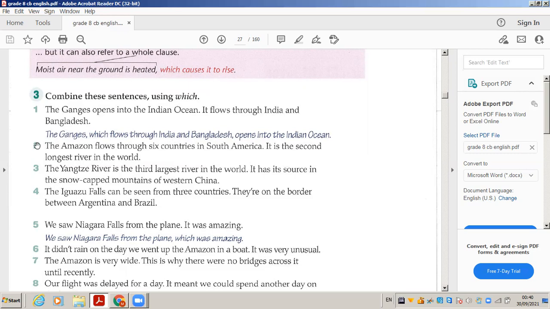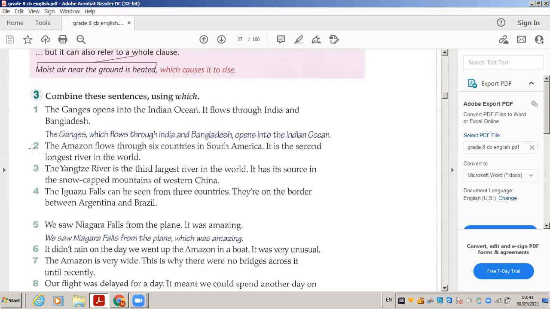Number two. The Amazon flows through 6 countries in South America. It is the second longest river in the world. So the answer is the Amazon, comma, which is the second longest river in the world, another comma, flows through 6 countries in South America.